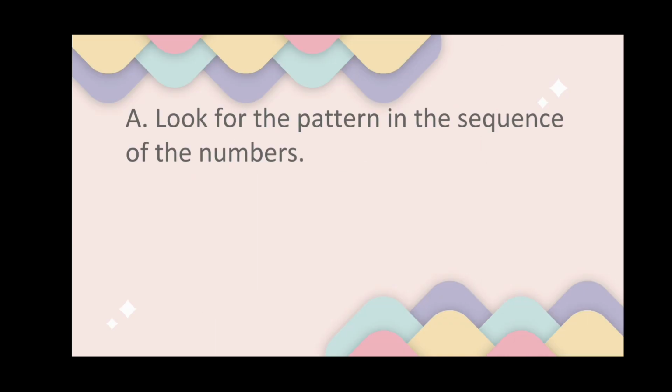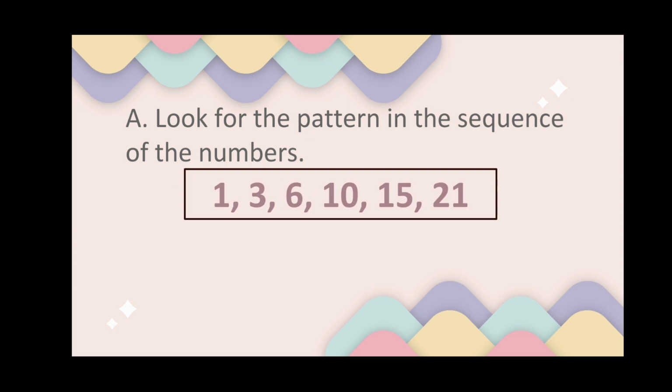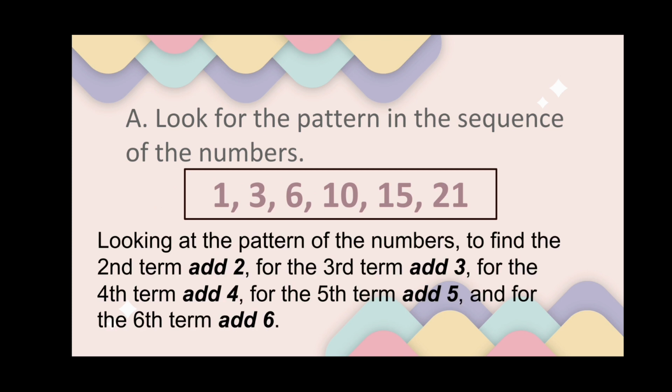Look for the pattern in the sequence of the numbers. Here is the number sequence: 1, 3, 6, 10, 15, and 21. Can you see any pattern here? Looking at the pattern of the numbers, to find the second term, add 2. For the third term, add 3.